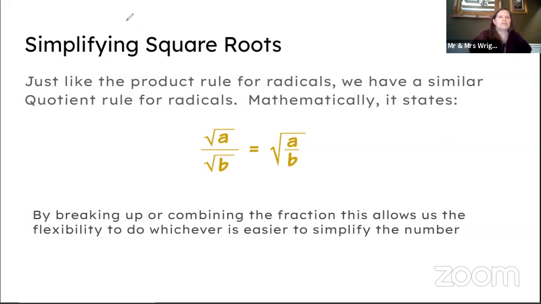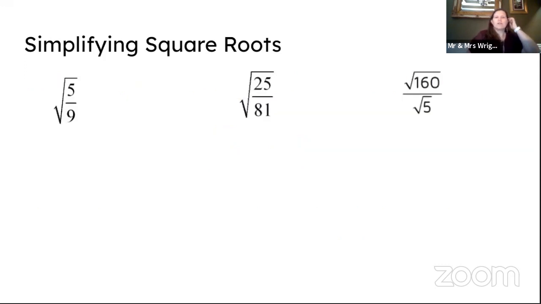Let's see some of this in action. So here we've got 3 different fractions with radicals. This first one here, we have a large radical over the fraction 5/9. Well, what's going to be easiest for us here is if we break these up.